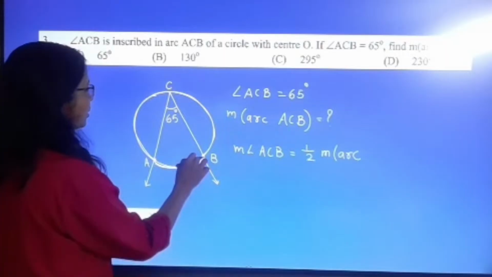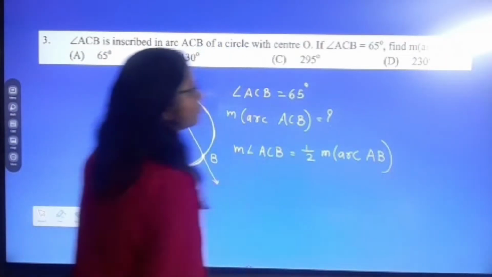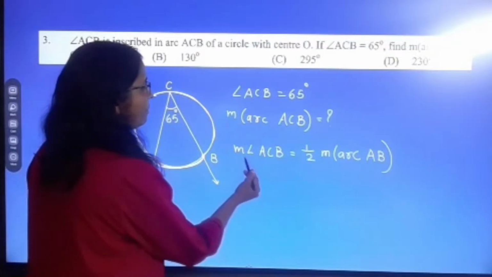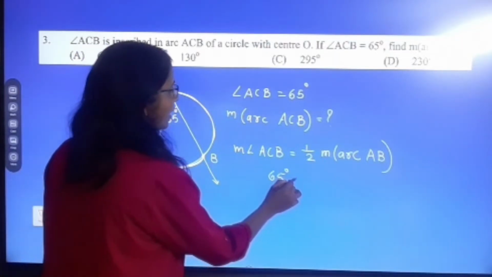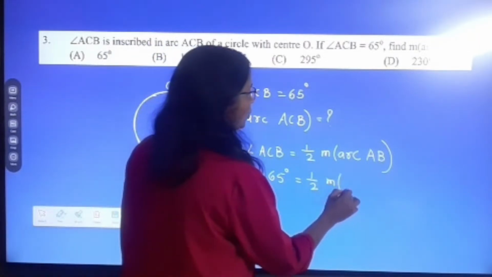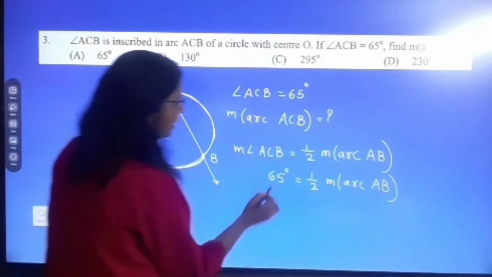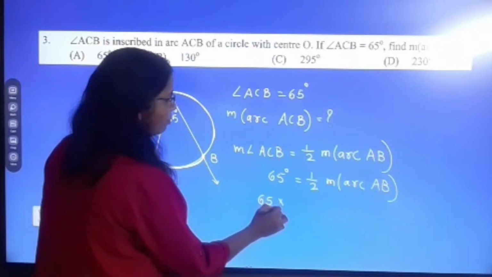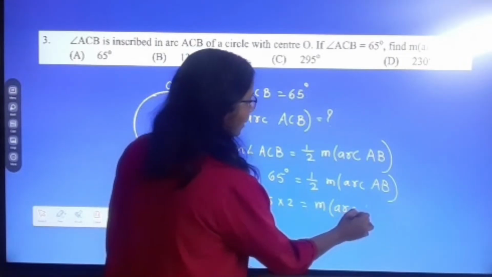So we get this formula. Now angle ACB is 65 degree, so I write 65 degree is equal to 1 upon 2 major arc AB. Okay, and then cross multiply, 65 multiply 2 is equal to major arc AB.